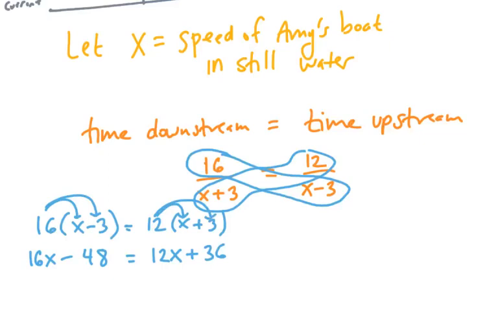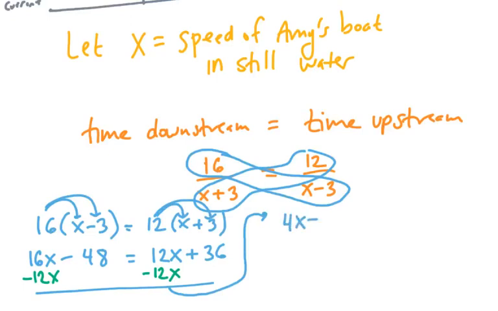I know I've got to get all my x's on one side, so from here I'm going to show moving my 12x over to the left side. I'm running out of space here, so I'm going to try to just keep squeezing it in. Sorry about that. So 16 minus 12 would give me 4x minus 48 equals 36.